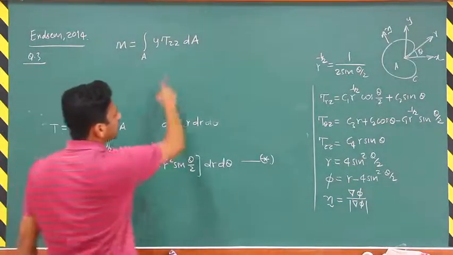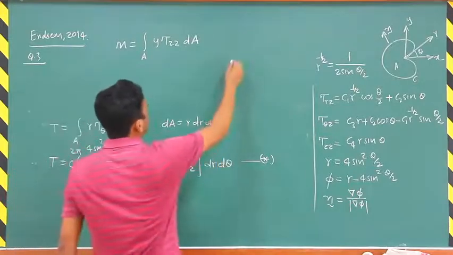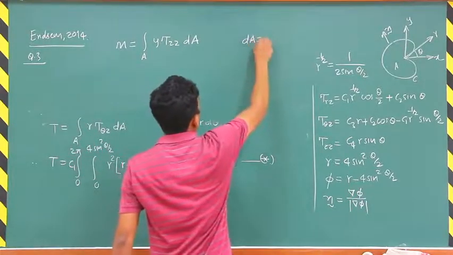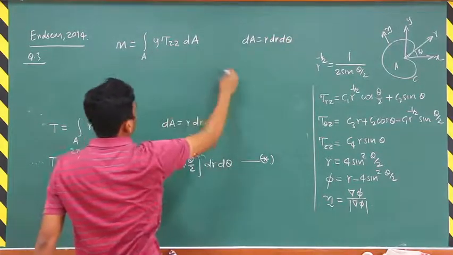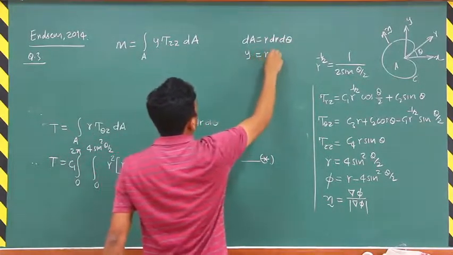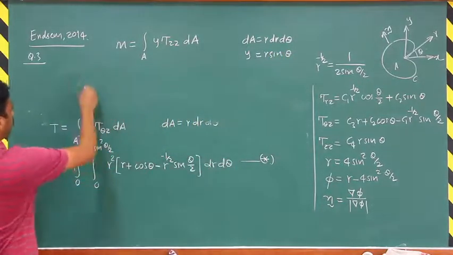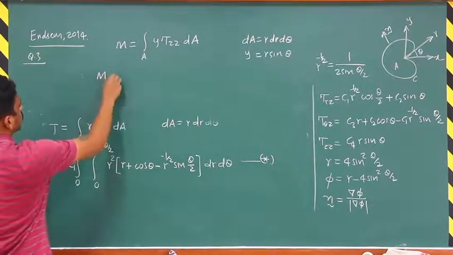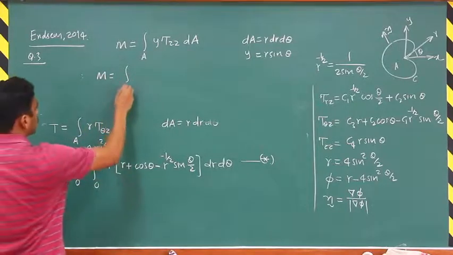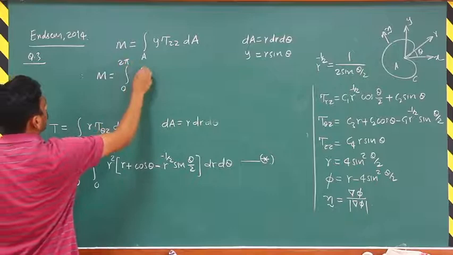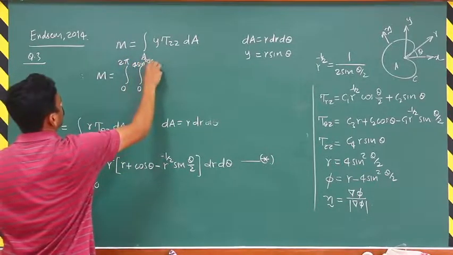Again, as we are integrating in the polar or cylindrical coordinate system, the area element is given by r dr d theta, and for y we make use of y equals r sin theta. Now if we make use of this relation, we get m equals, again with limits for theta 0 to 2 pi, and for r 0 to 4 sin square theta by 2.